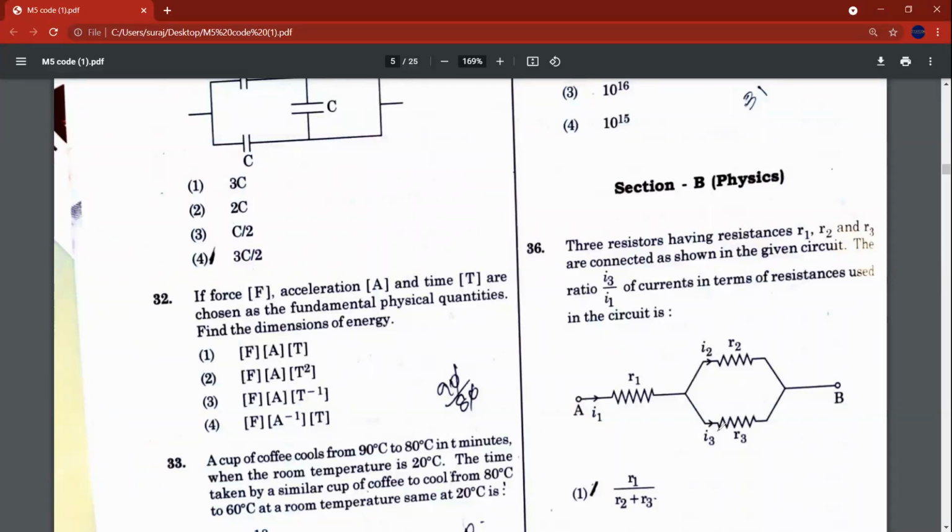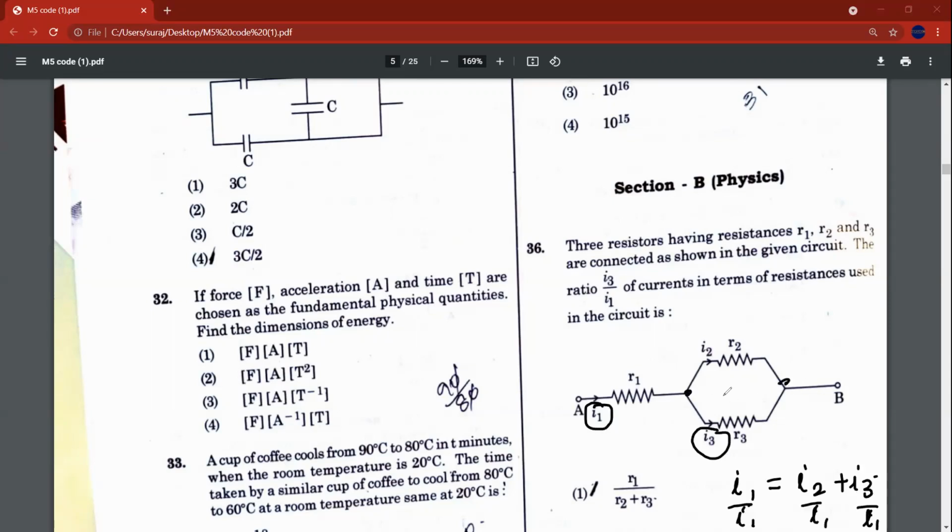So you want I3 is to I1. Correct. See, you know that I1 equals I2 plus I3. Divide by I1 only. So you want I3 is to I1.